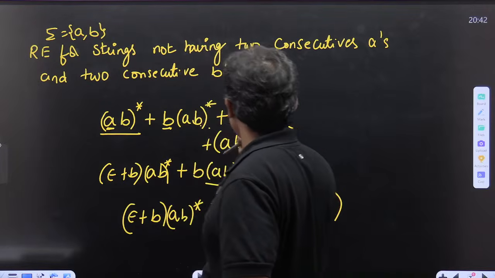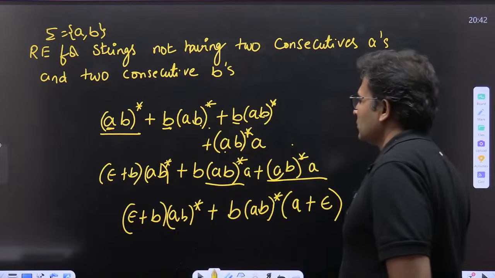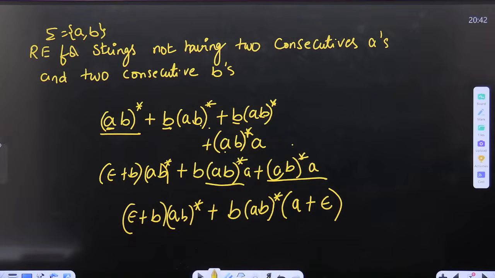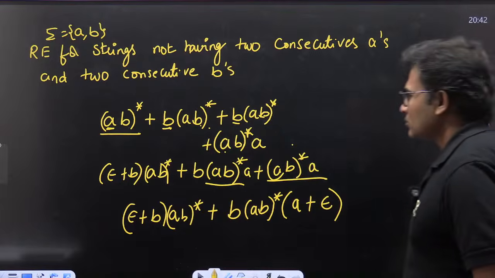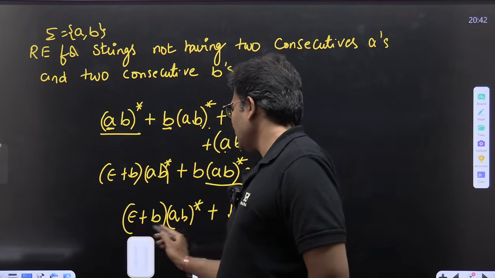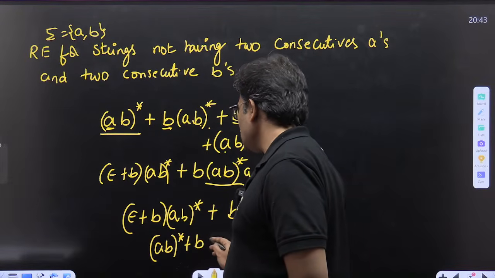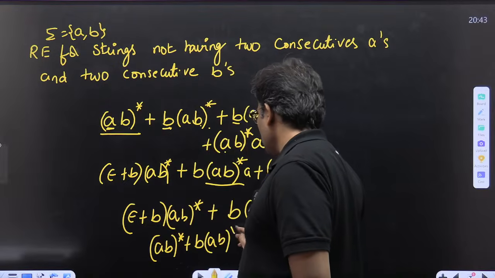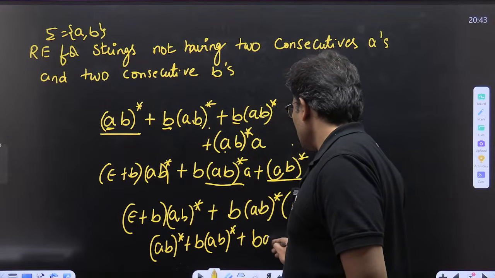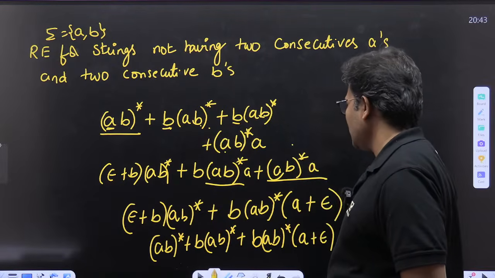So starting with B, ending with A. I think I have covered all the cases. Just check this. Is there any case that I have missed out? If we expand this, I will get epsilon plus (AB)* plus B(AB)* plus B(AB)*A plus (AB)*A.